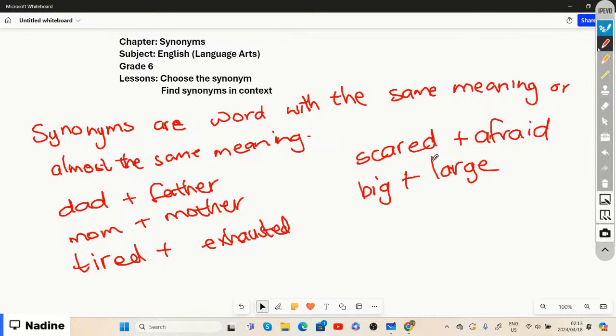If we look at the word little, what is another word for little? Another word for little that means the same as little or almost the same as little.